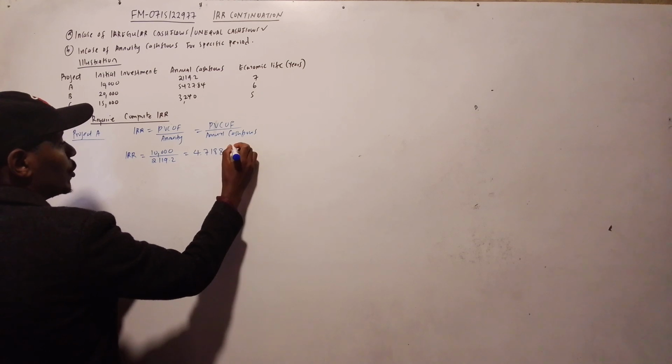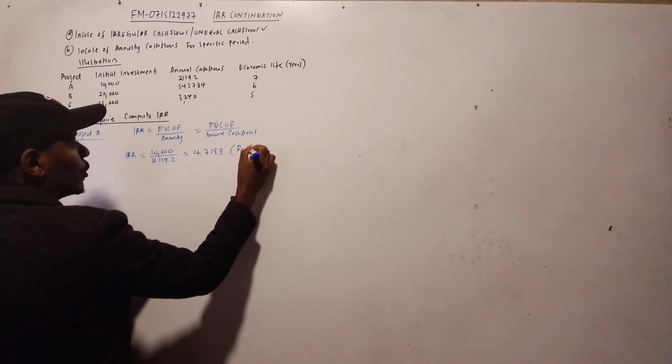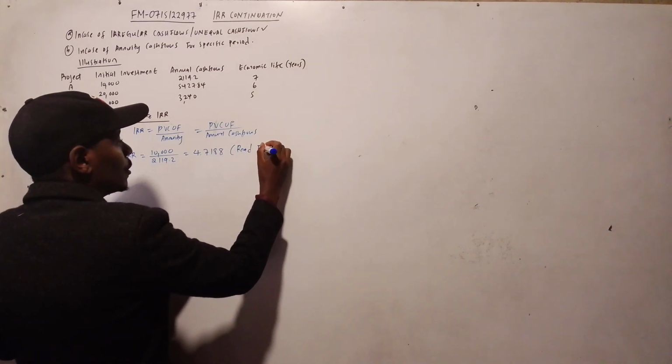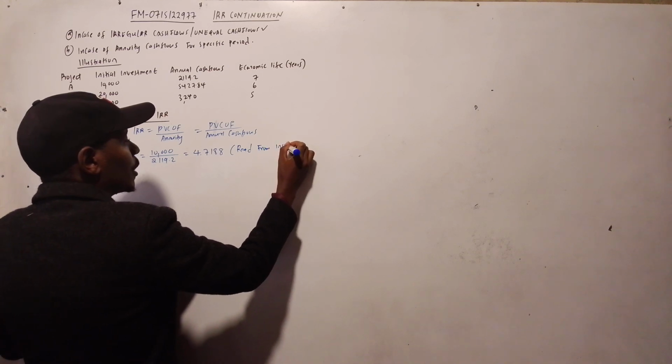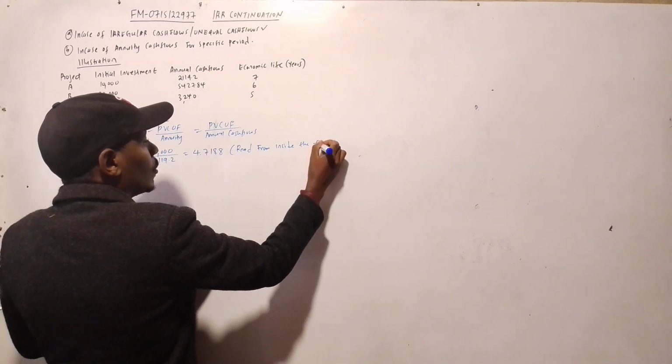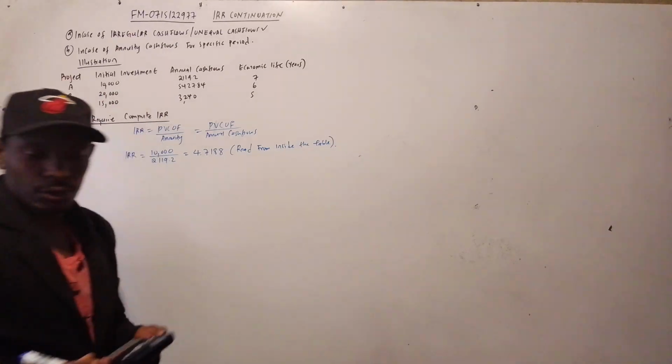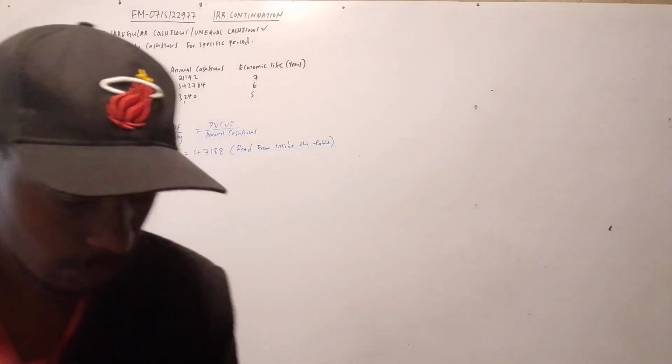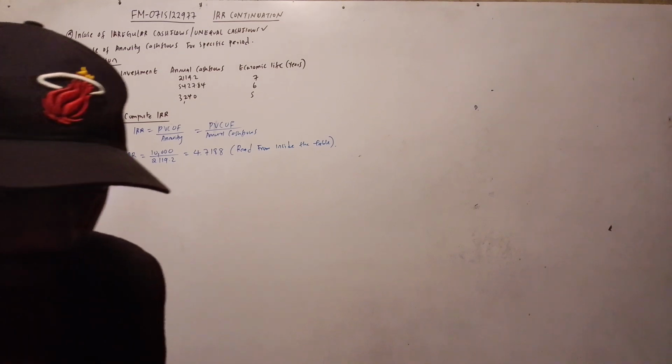Now read this one from inside the table, to get the value of the IRR.